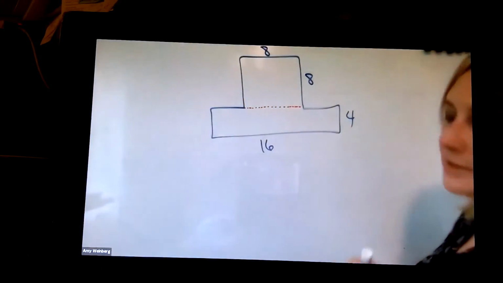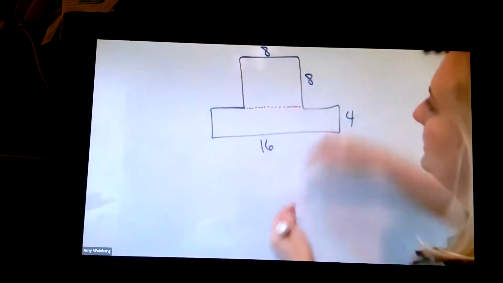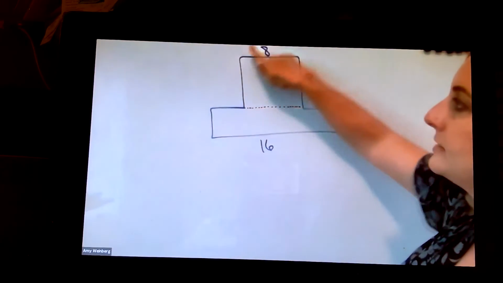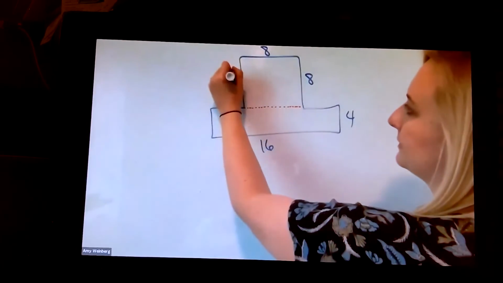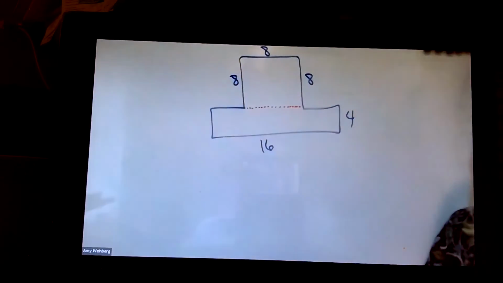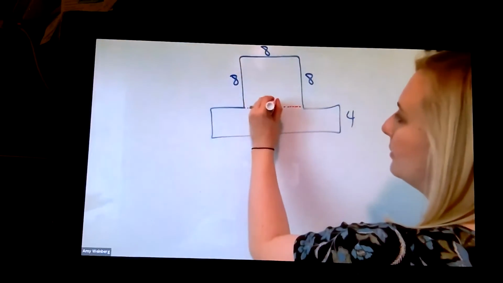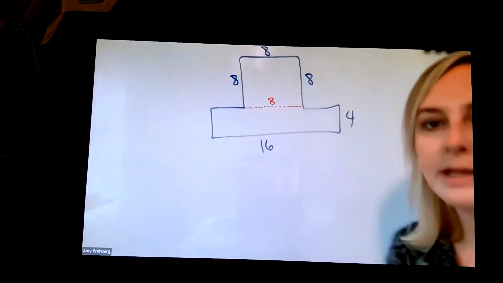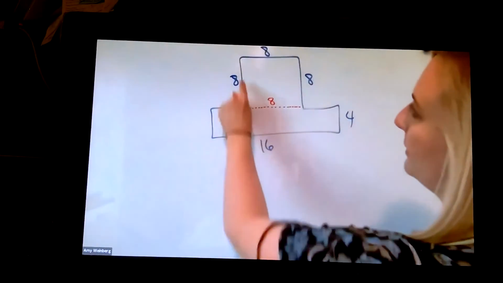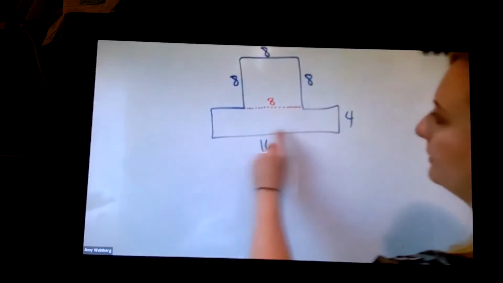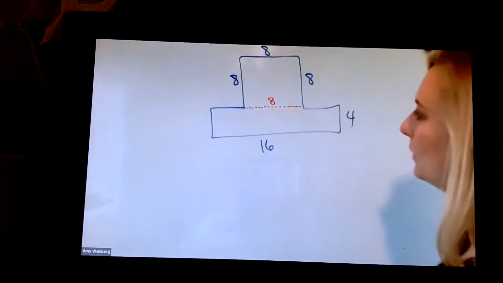So this shape up here clearly is a square because they've given me an 8 and an 8. So the only option right over here is that this has to be an 8, right? Technically my dotted line is 8, but that's not going to be included in my perimeter, right? Because that's not part of my property line. My property line is only in blue. But this 8 will become important to us in a little bit, and I'll show you why.